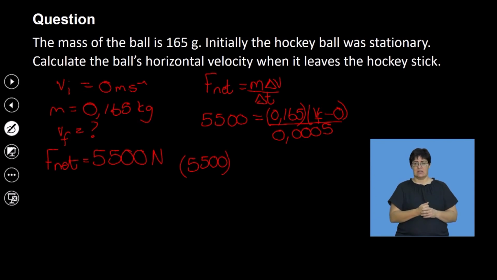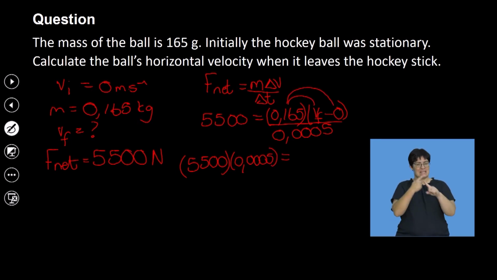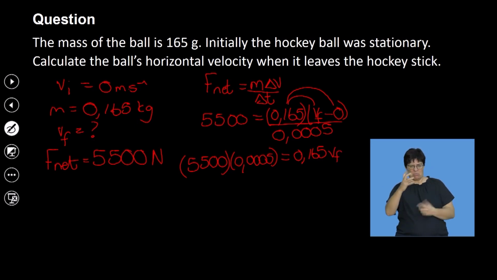So I'm going to have to times both sides. I would do my multiplication. I multiply that 0,165 in. But I'm going to leave out the second term, okay? Because 0,165 times 0 is 0. I want VF on its own.